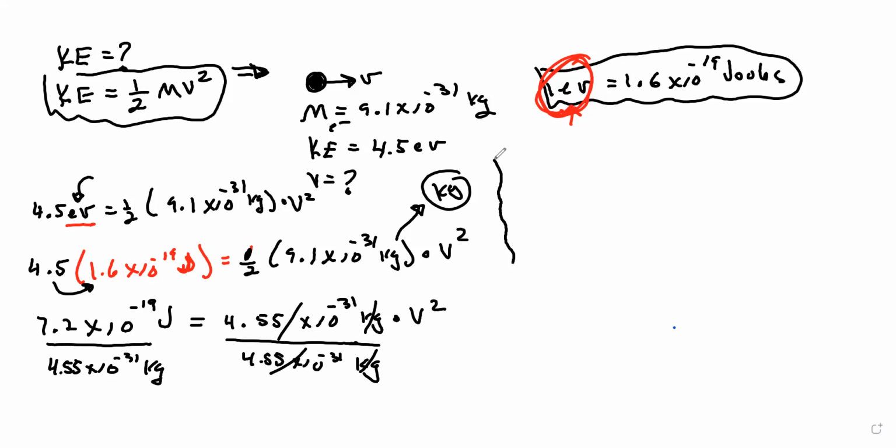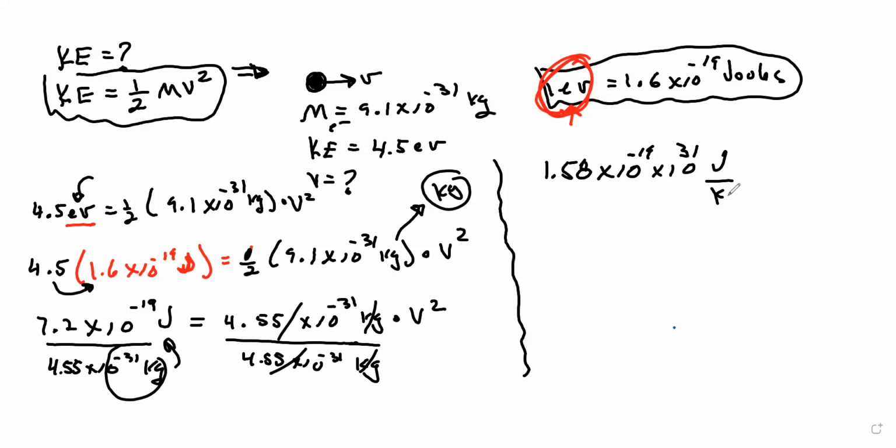So we'll continue over here. 7.2 divided by 4.55 is going to throw you 1.58 times 10 to the minus 19 times 10 to the 31 positive, because the 10 to the minus 31 goes upstairs from the denominator to the numerator, and it changes the sign. And we still have joules over kilogram, and that's equal to the velocity squared.